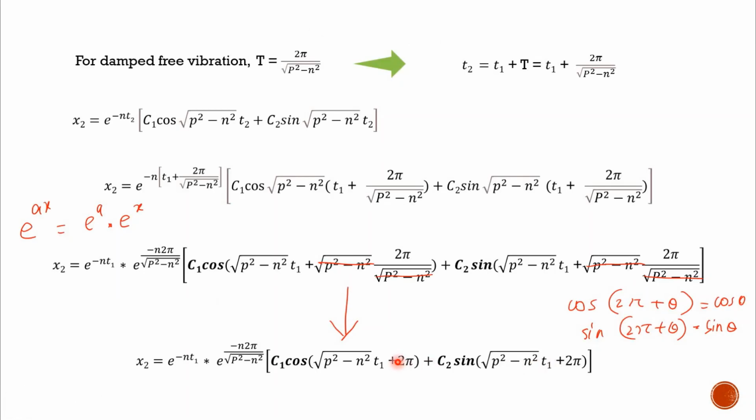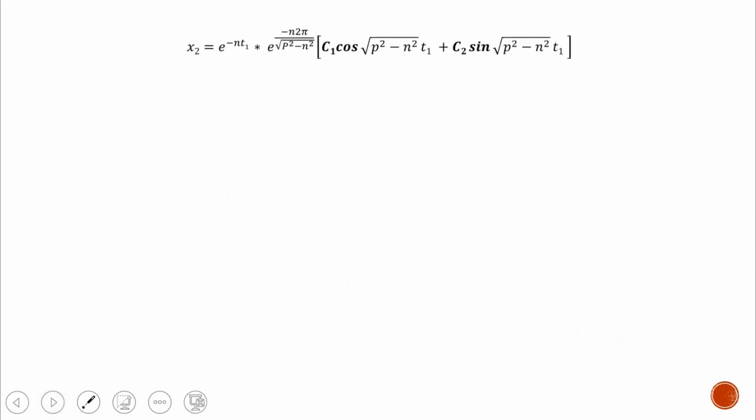So you must remember, since it was added with 2 pi, this term gets cancelled because cos 2 pi plus theta is cos theta and sine 2 pi plus theta is sine theta. That is how we got this equation in this manner.